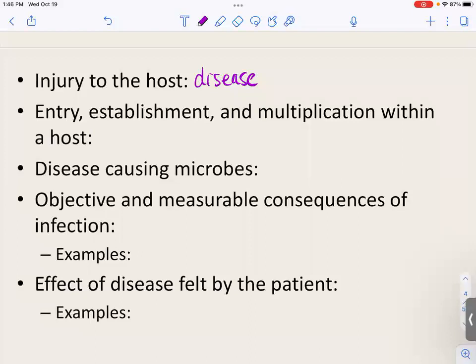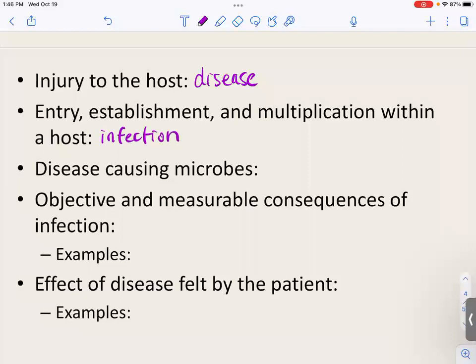And when a pathogen is establishing and multiplying itself within a host, then we call that an infection. Usually when you have an infection, it's going to cause disease, not necessarily. There are some infections that maybe wouldn't.